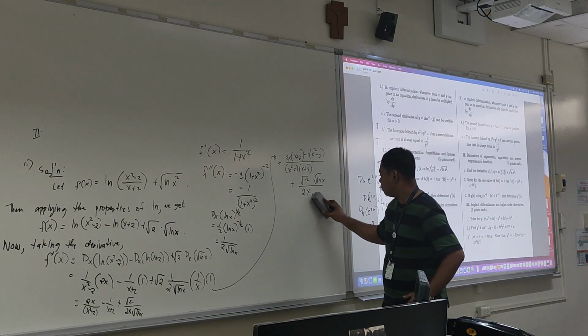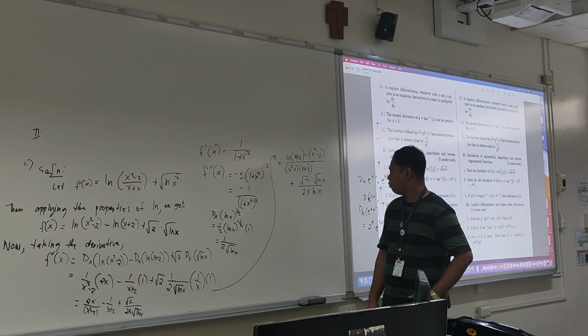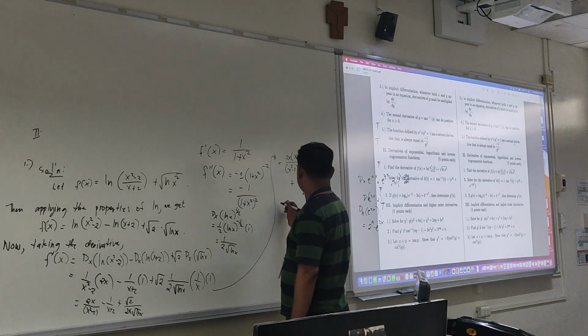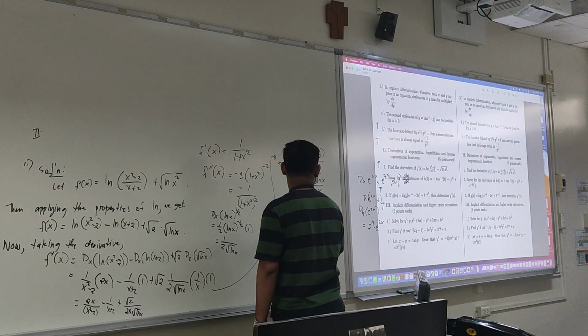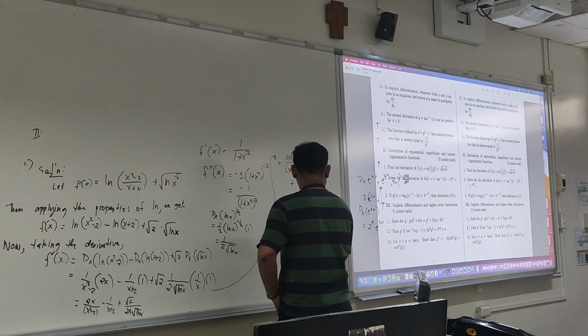ln of x, no? So this is equal to 2x squared plus 4x minus x squared plus 2 all over x squared minus 2 times x plus 2 plus the square root of ln of x squared all over x ln of x squared.